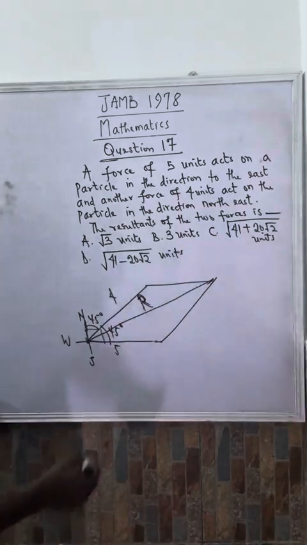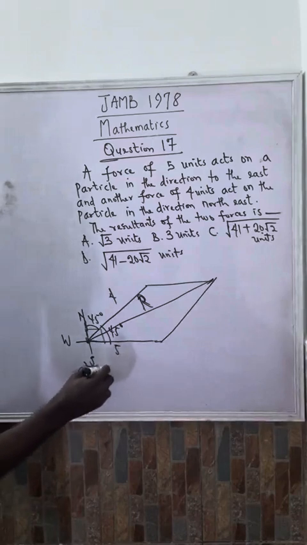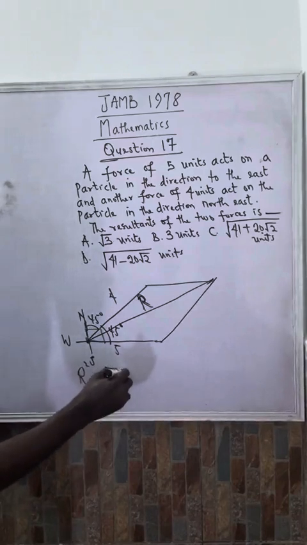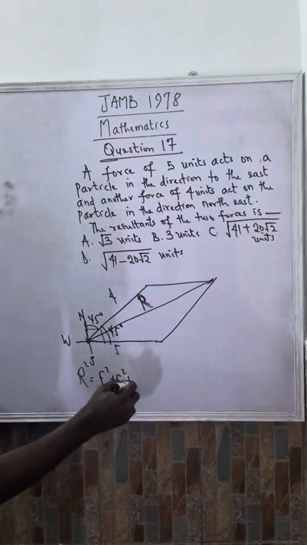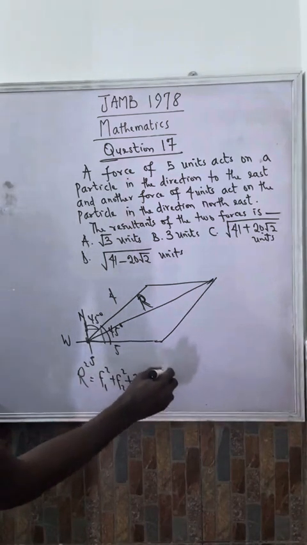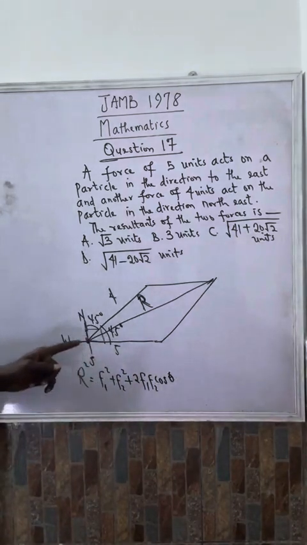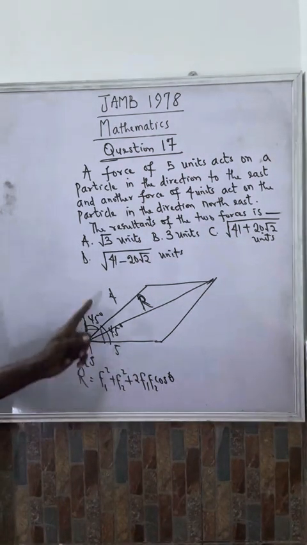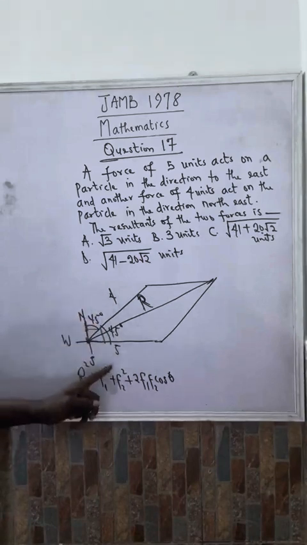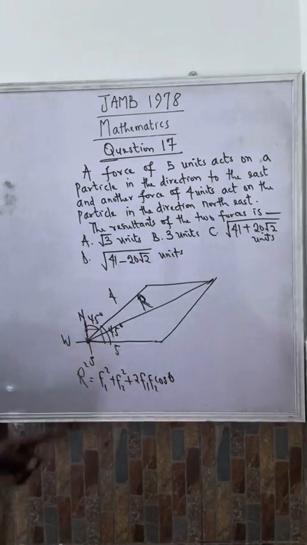So remember, there is a formula that says r squared equals f1 squared plus f2 squared plus 2 f1 f2 cos theta. Knowing that 45 degrees is the angle between the two vectors, 4 and 5, the theta will be 45 degrees.